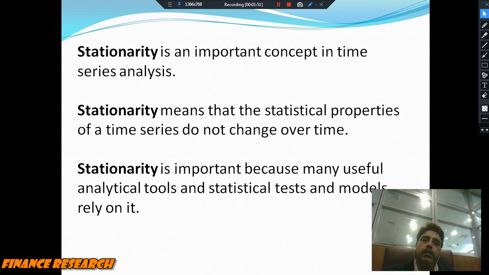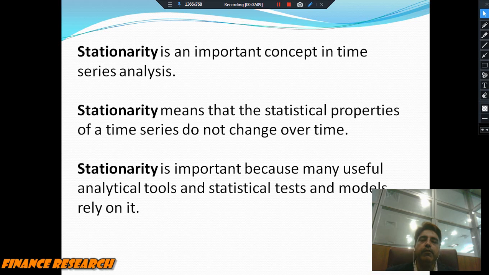Another important point is why it is important to check whether data or residuals are stationary or not stationary, because there are many further advanced analytical tools and statistical tests applied, and many models rely on it.